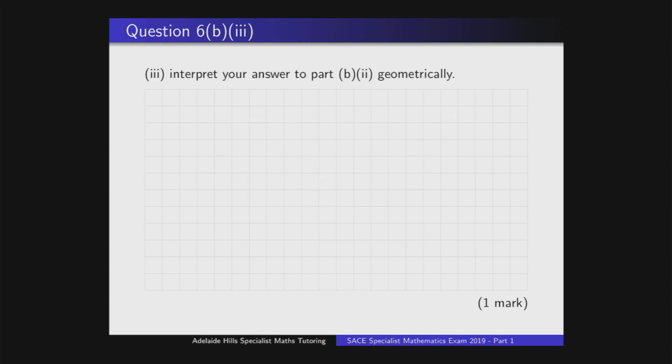Okay, and then finally in part 3 of part B of 6, they want us to interpret our answer geometrically.